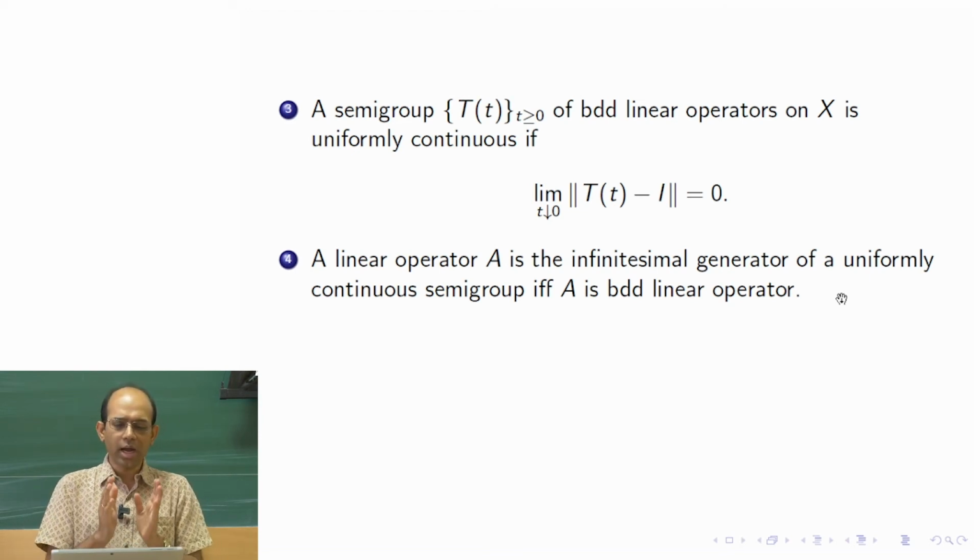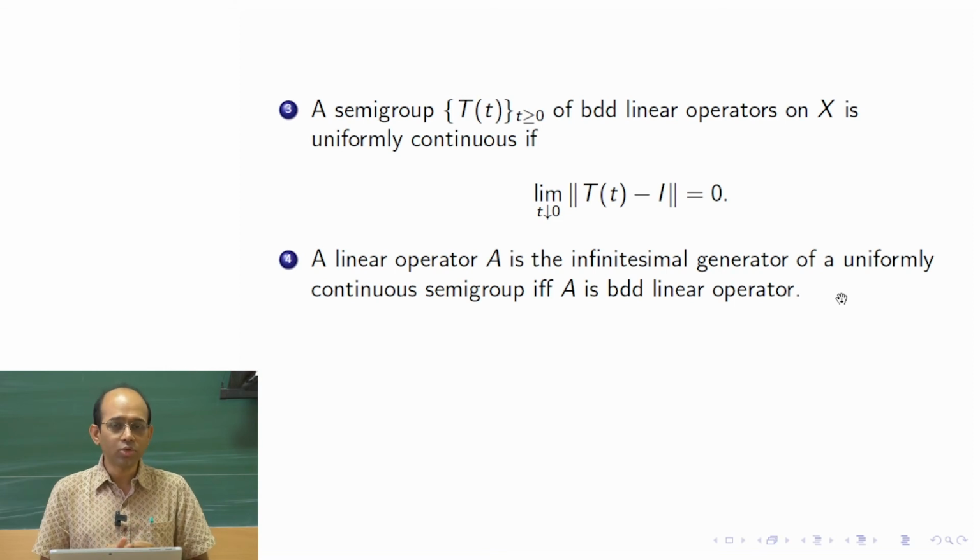So when I start talking about a semigroup of operators, it is always a semigroup of bounded linear operators T(t). But that does not necessarily imply that the generator operator, which we are going to derive, would also be a bounded linear operator. That would be a linear operator, that is okay.